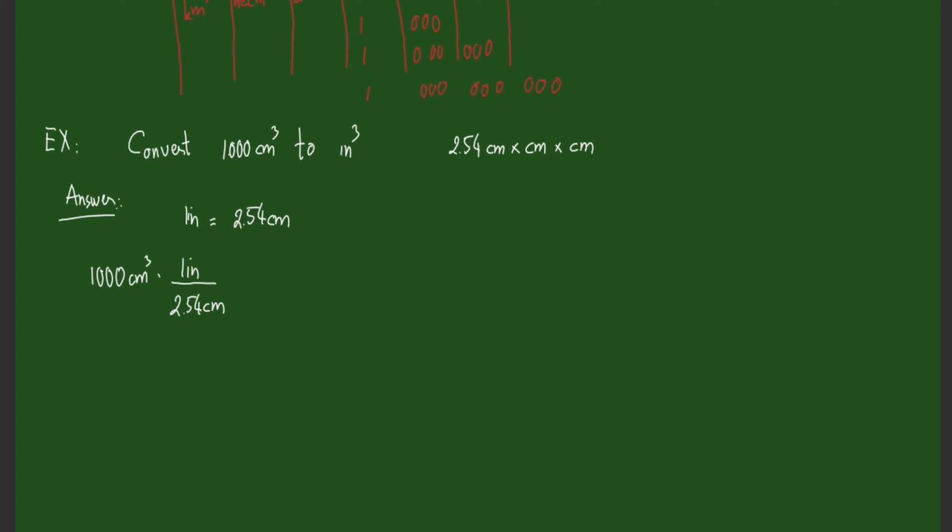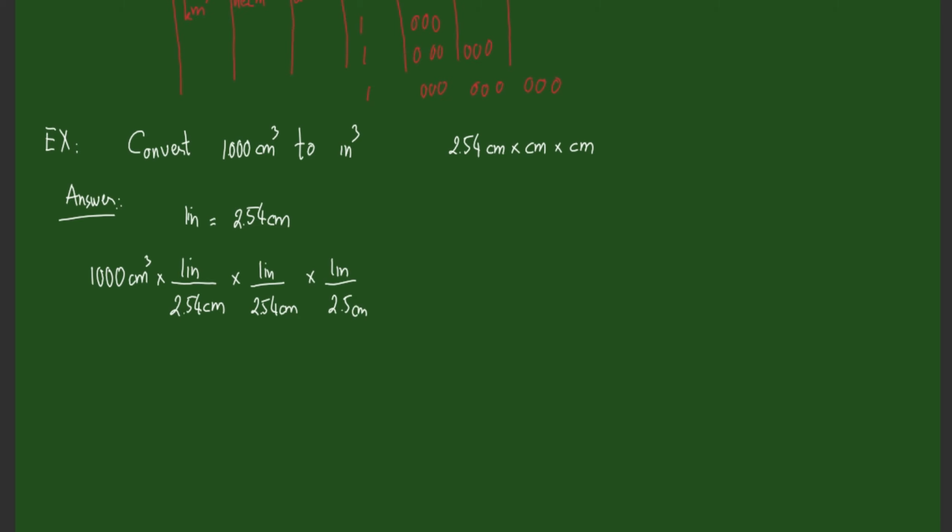We should multiply by this factor, but if I do so, you see that I can cancel only 1 centimeter, not centimeter cube. So I need to multiply by another factor, and another.